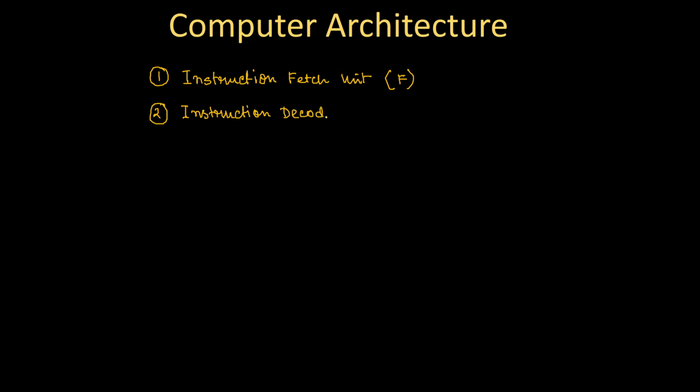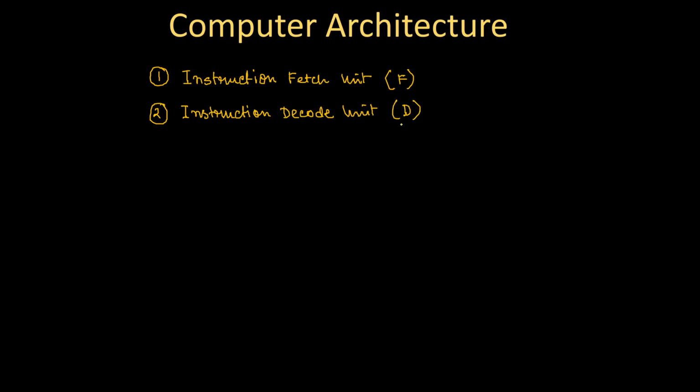Component number 1 can be written as instruction fetch unit. Right, and we can name it as F. The second component that I can write is instruction decode unit, right?